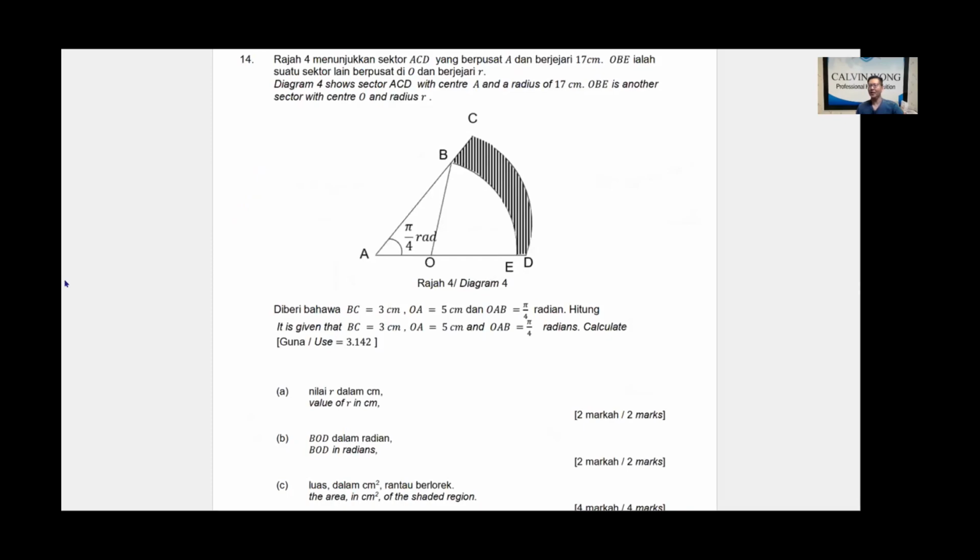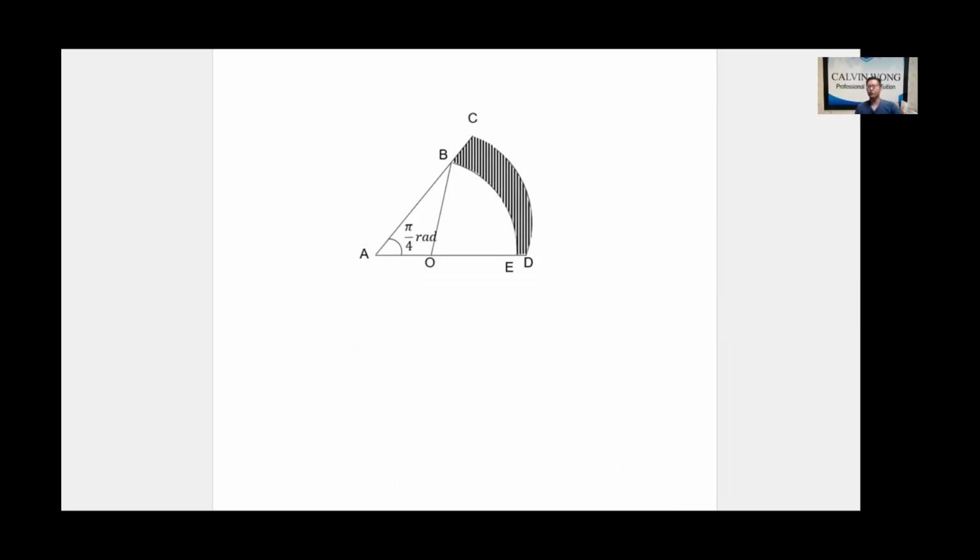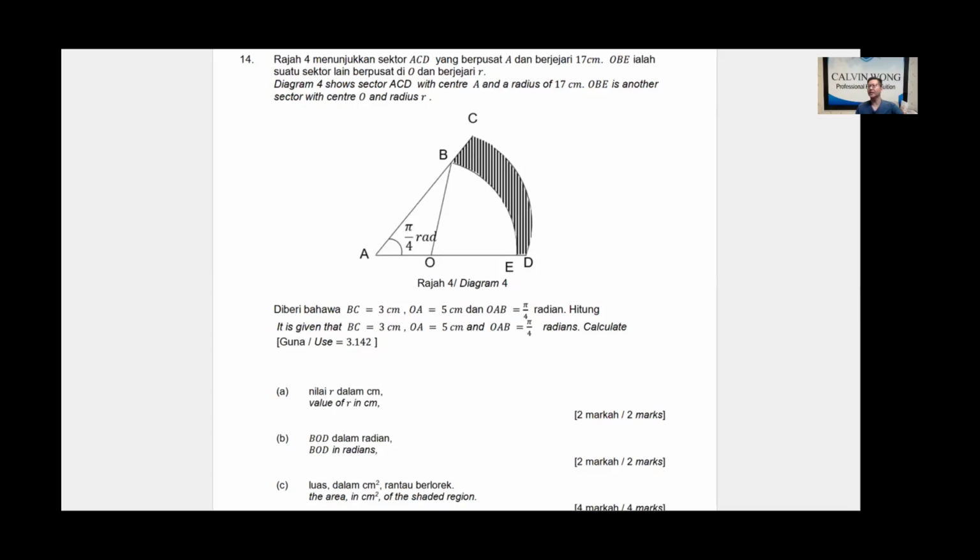Okay, next. Don't panic when you look at this kind of question. Yes, you need to break it down into components. Can you see the components? Let's zoom in and look here. Before that, let's read the question again.